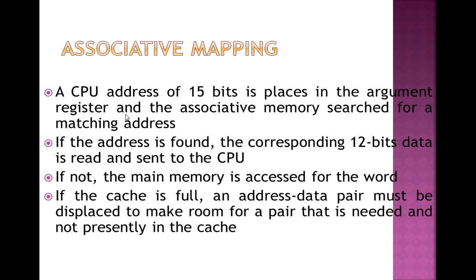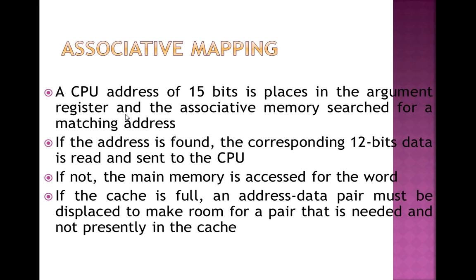This is your associative mapping. A CPU address of 15 bits is placed in the argument register, and the associative memory searches for a matching address. If the address is found, the corresponding 12-bit data is read and sent to the CPU.